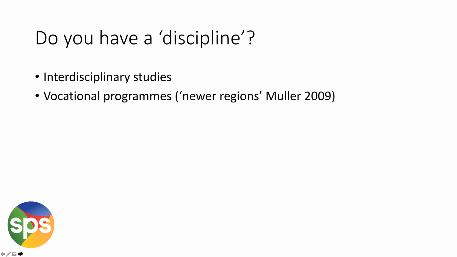So typically, universities of technologies fall into what Muller calls the newer regions. And regions is a term used by Bernstein, which suggests that you don't just have one discrete discipline, such as physics or philosophy, but rather you're working in a field that takes bits and pieces from various disciplines.